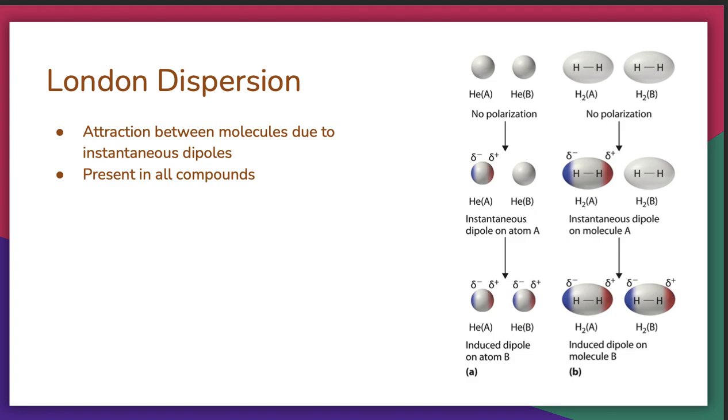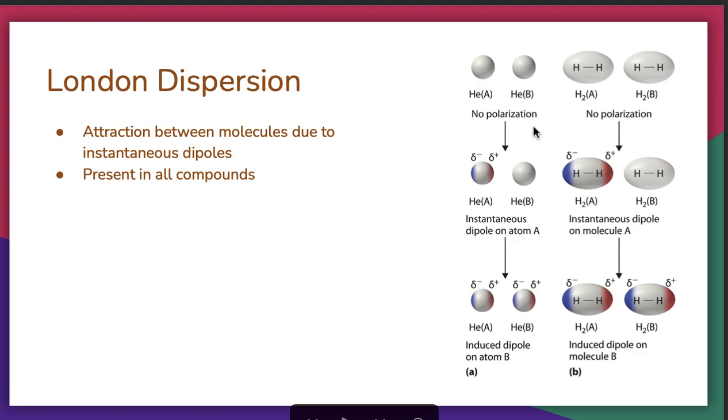And in that split second that the dipole moment exists, there is some attraction between one molecule and another. So there are two examples over here, helium and hydrogen. Again, we know that helium is a noble gas, doesn't really react with anything. And hydrogen is in its stable state, so it's also happy by itself, so it doesn't want to react with anything.